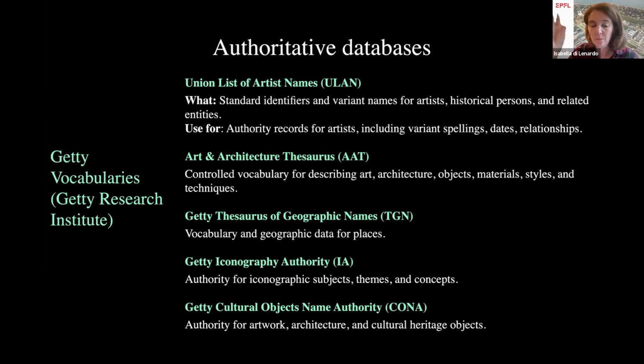We now potentially have several columns in our data sets in which we have the original transcription, and then we have the normalization, and then we need to realign our normalization on an authoritative database. What are the authoritative databases? What we can also call knowledge databases, and why do we need them?